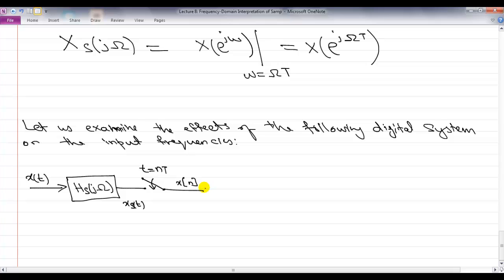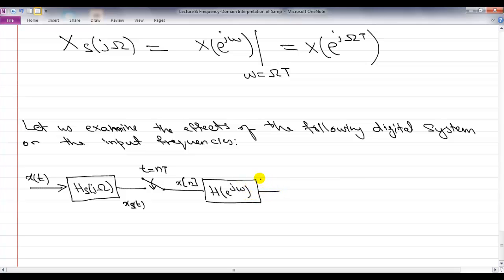Now, typically in the discrete time, once you are looking at a sequence, you filter it further in discrete time to implement some operation. Let's say you are given an image and you want to sharpen it or you want to blur it. So we have a discrete time filter.